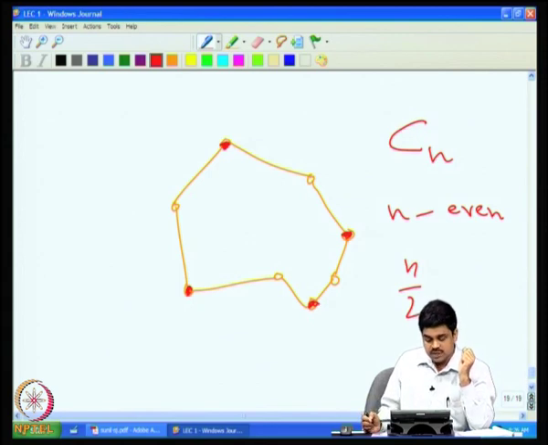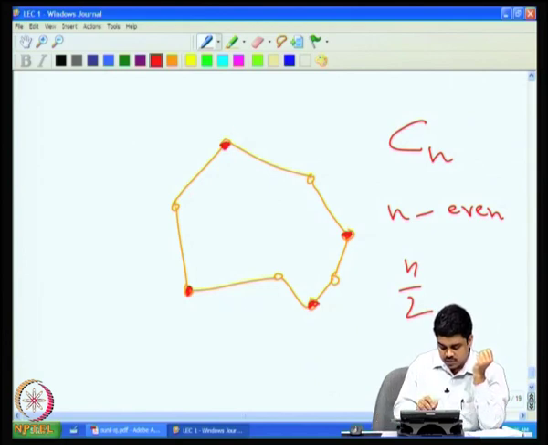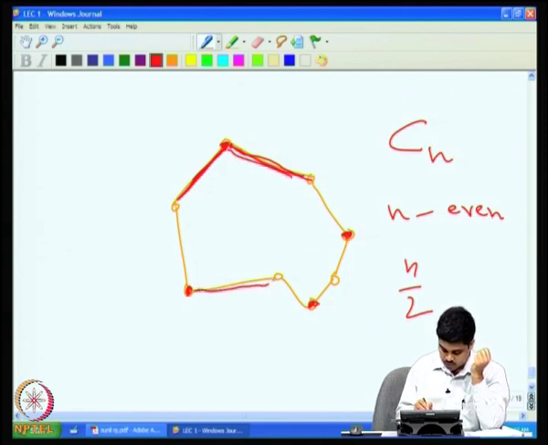But then the question is, is it possible to do with less than n by 2 vertices? Without much difficulty, we can see that it is not possible, because each red vertex here is only covering 2 edges, because the degree of this vertex is only 2. Degree means the number of edges incident on the vertex.